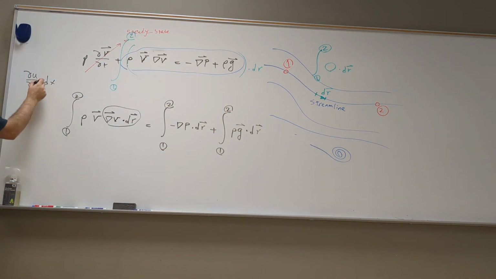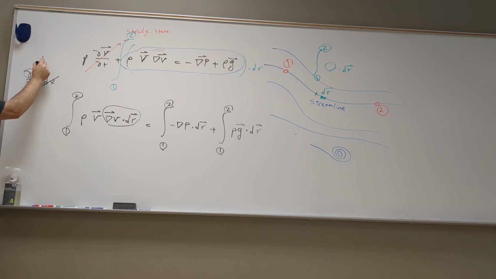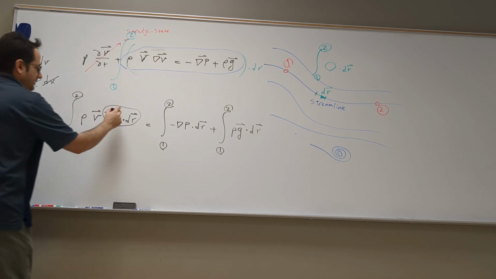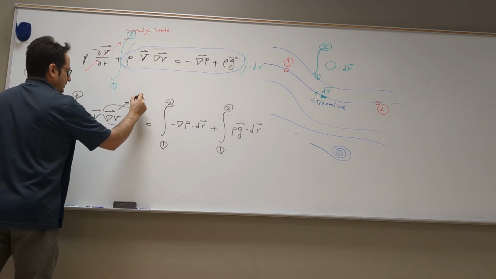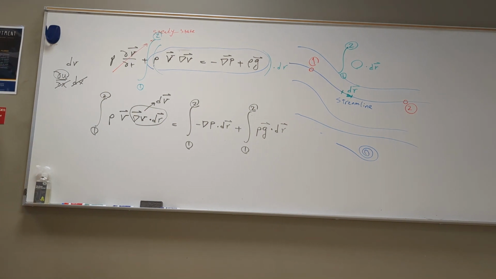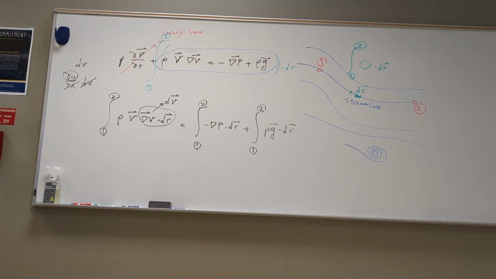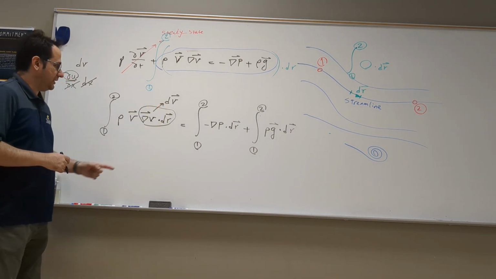So you can see that these two cancel out, and you get dV. This is dV in 1D. In general, you can show that gradient V dot dr gives dV. This is a calculus thing. Go home and review your material, and then you realize, oh, this is just dV.